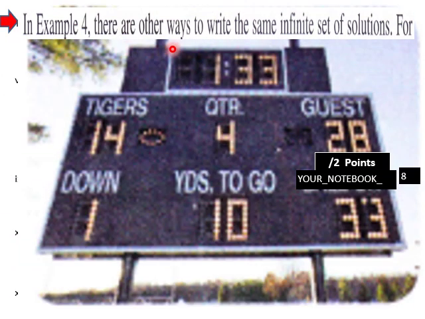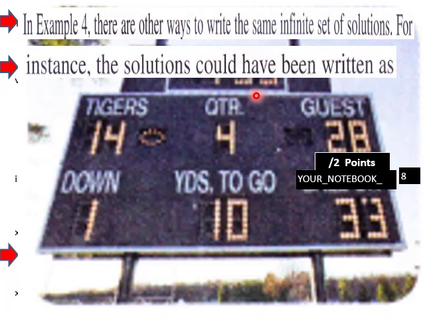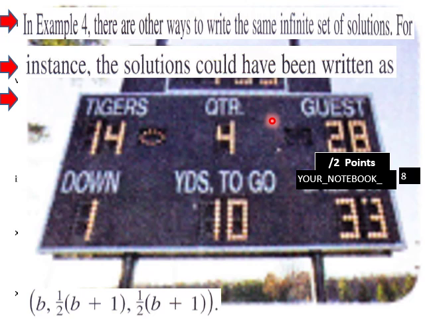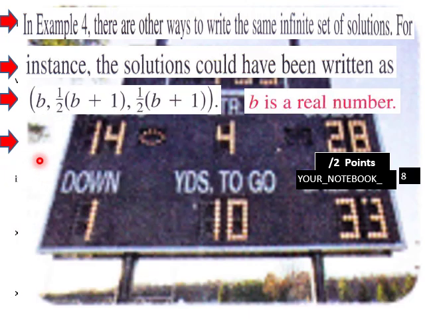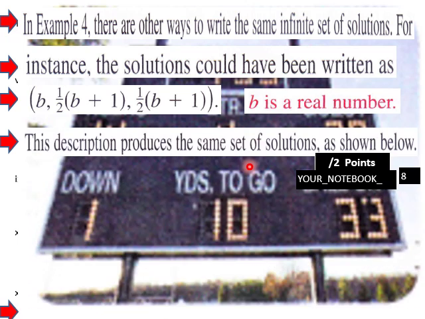In example 4, there are other ways to write the same infinite set of solutions. For instance, the solutions could have been written as (b, 1/2 times quantity b plus 1, 1/2 b plus 1), where b is a real number. This description produces the same set of solutions as shown below.